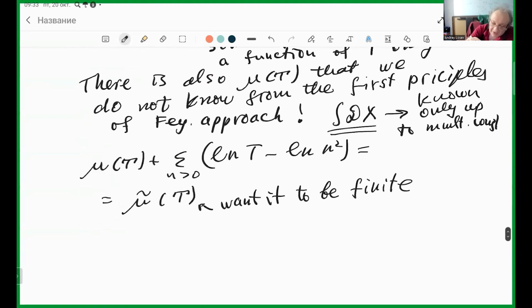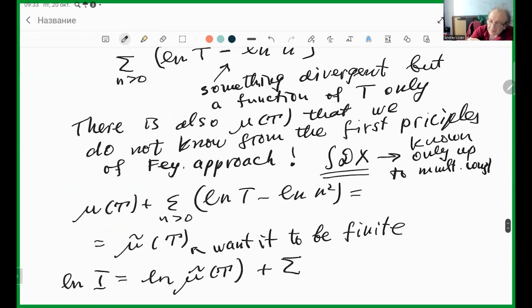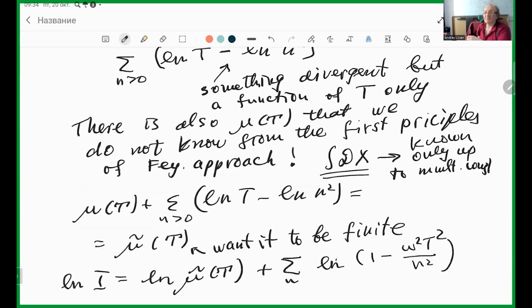Okay, so if it is finite, then log of I is log of mu tilde of t plus sum over n log 1 minus omega square t square over n square. Now this is good.